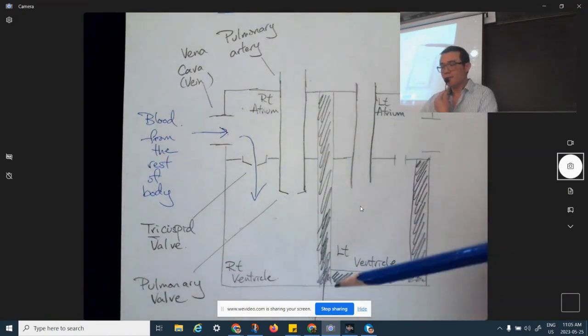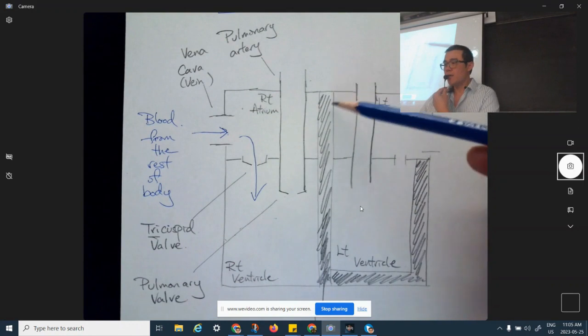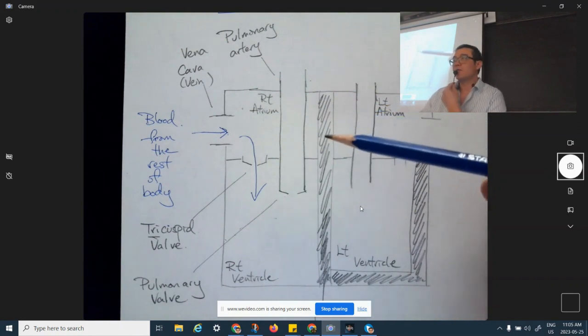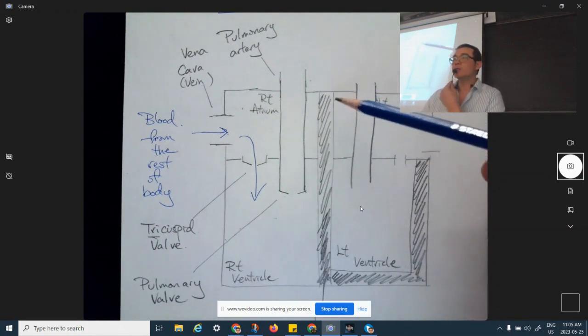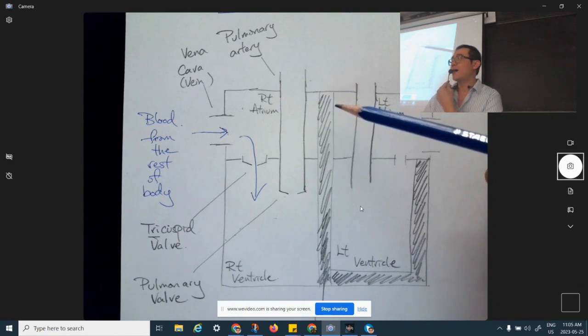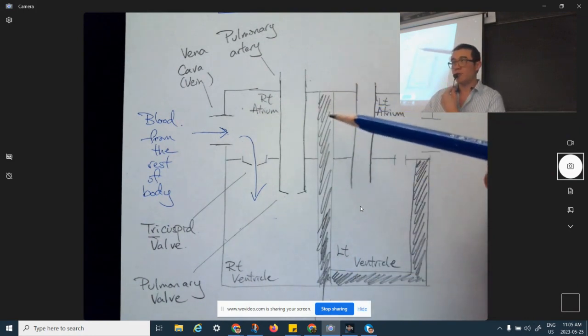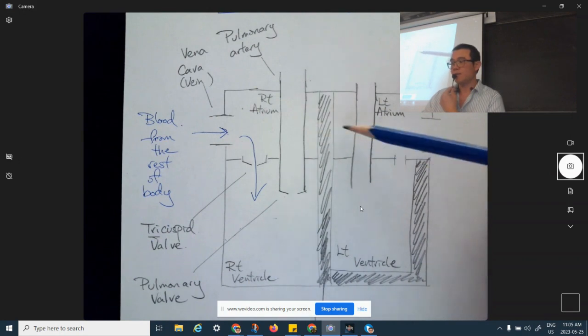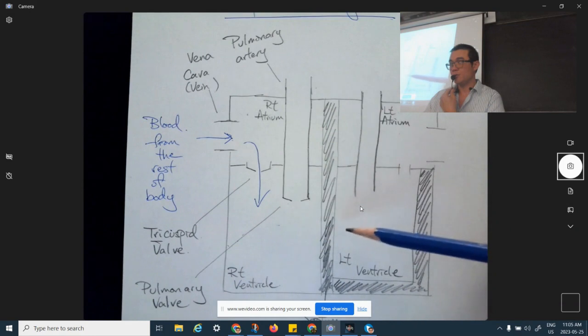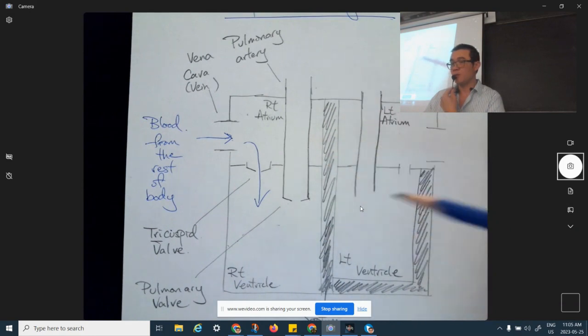By the way, one thing about the septum I didn't mention earlier: sometimes you might hear people talking about, oh, this baby has a birth defect where they have a hole in the heart. This is what they're talking about. There would be a hole either between the 2 atria, between the 2 ventricles, or somewhere in between here too.